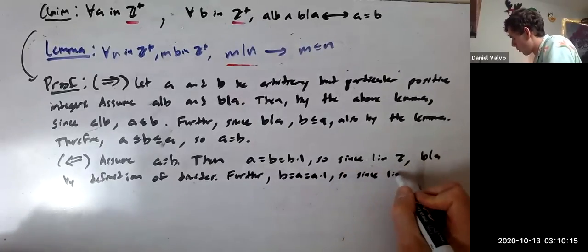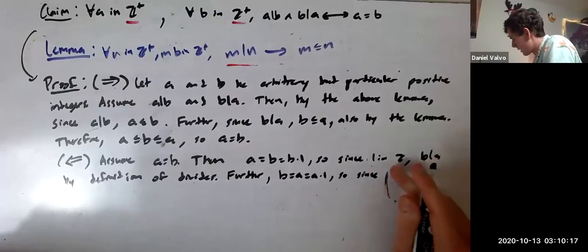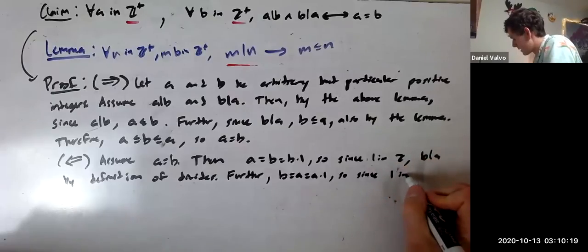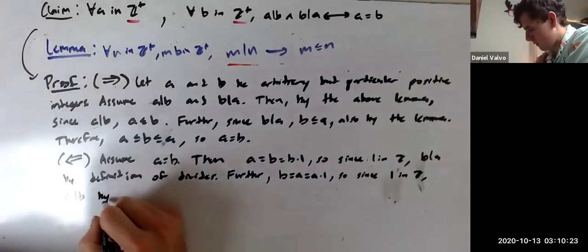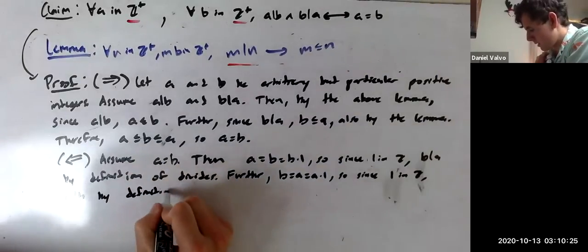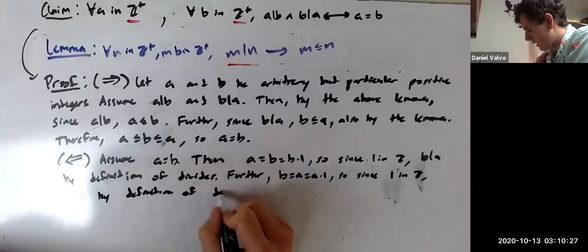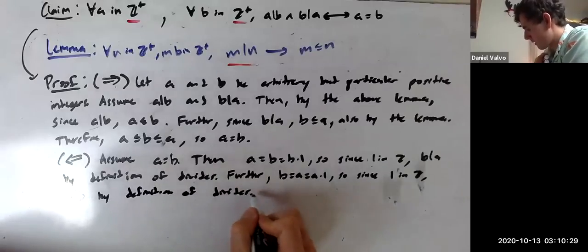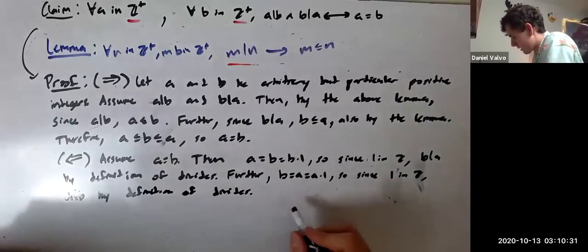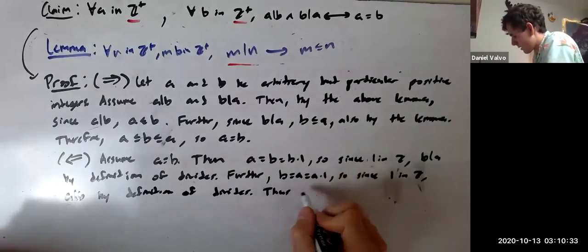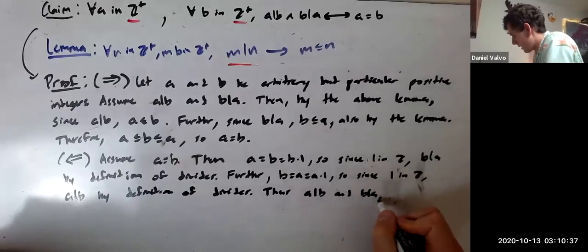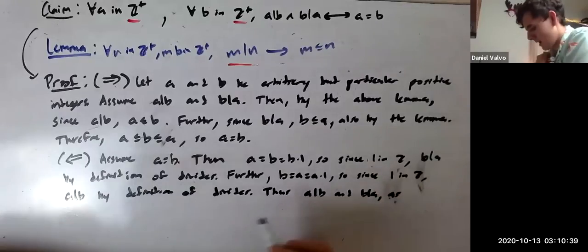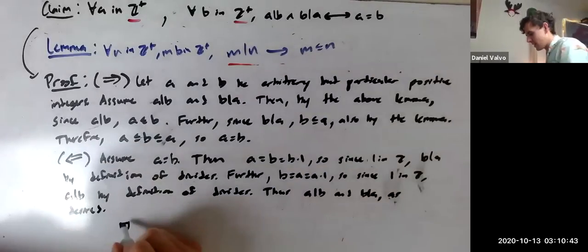So since 1 is an element of Z, A divides B by definition of divides. Thus, A divides B and B divides A as desired. Done.